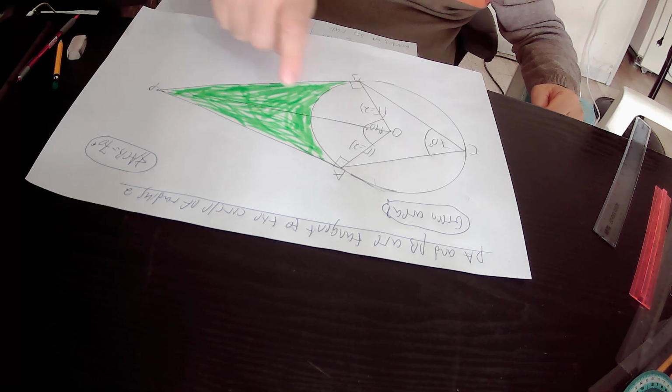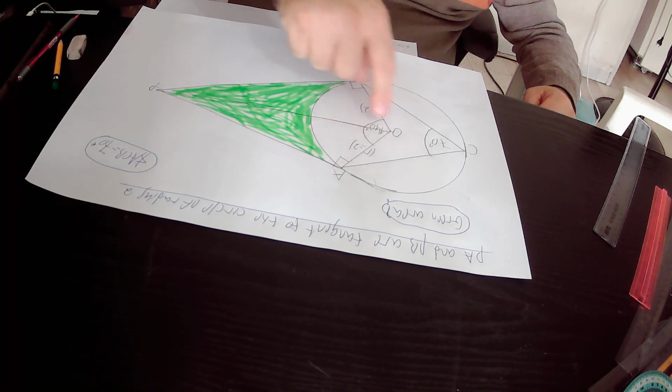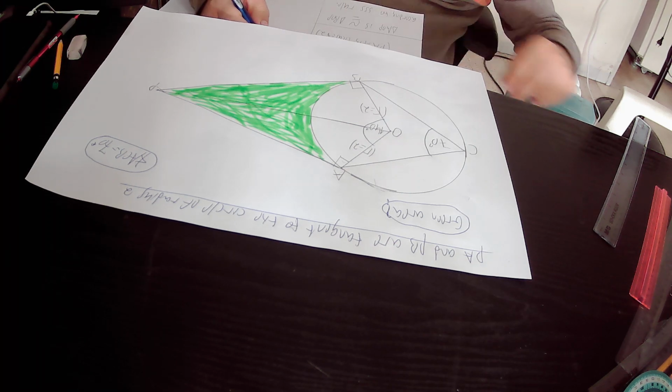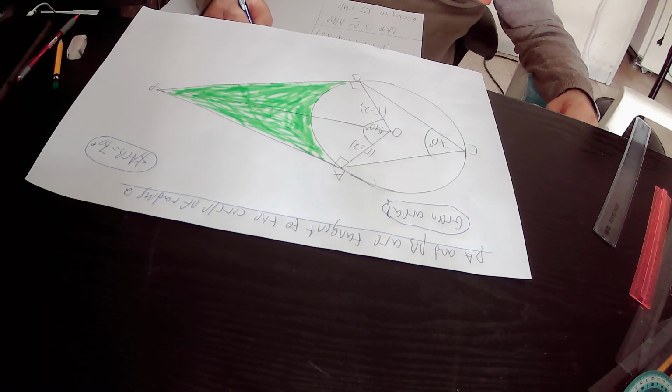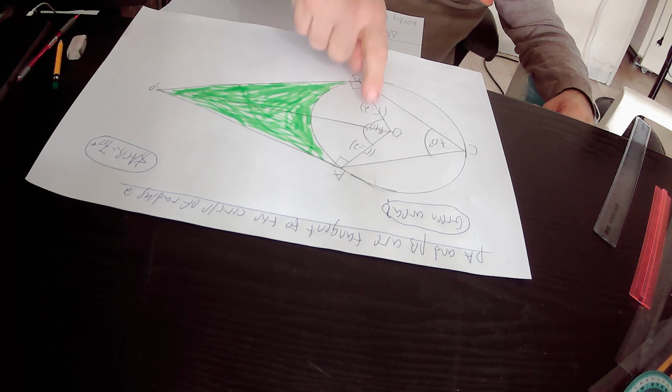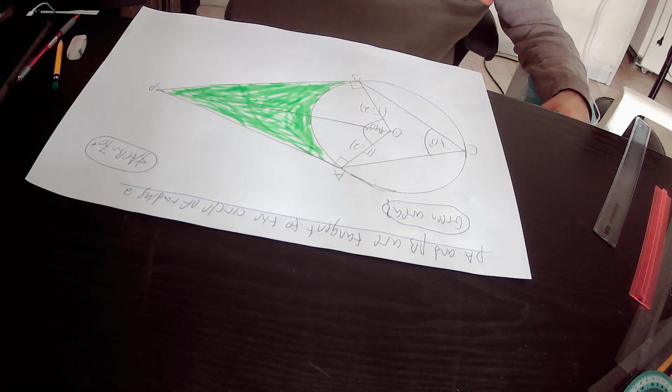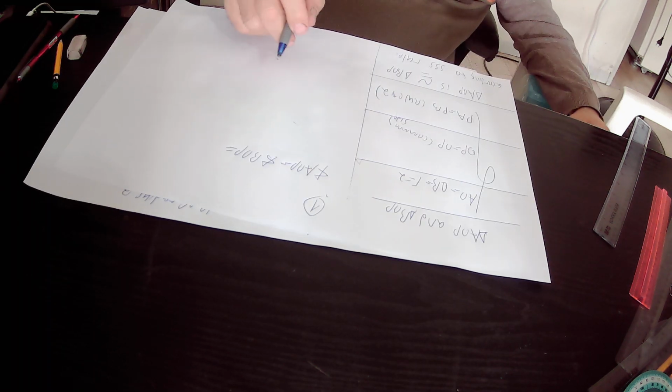So this is angle AOP in the right upper triangle AOP. And it is equal to this angle, this is actually angle BOP in the right lower triangle, triangle BOP. I found out that angle AOP equals to angle BOP.